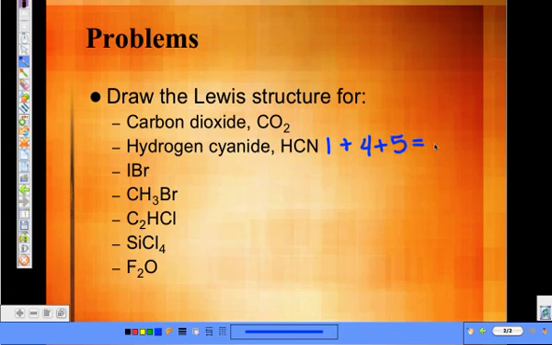So we have a total of 10. Which element should be center? Carbon. So it's basically written out just how that formula looks. So hydrogen has 1, carbon has 4, nitrogen has 5, 1, 2, 3, 4.